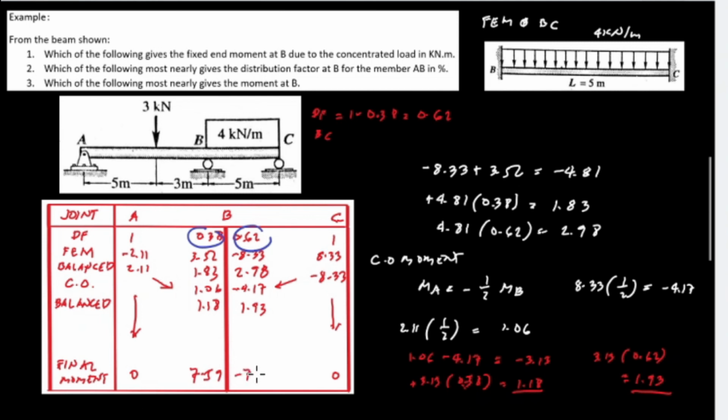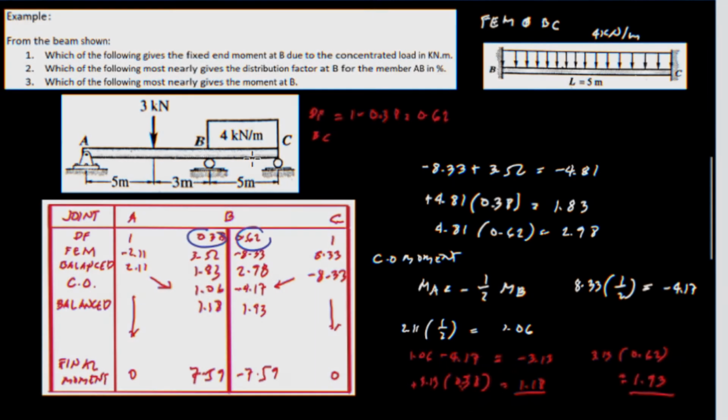That's negative 7.59. And this is the final moment at BA, that's 7.59, and moment BC is the opposite sign but the same value, that's negative 7.59. And we have now the value for the moment at B or the internal moment at B. So this is the answer.